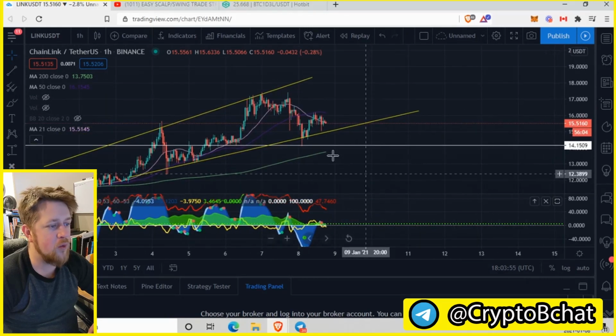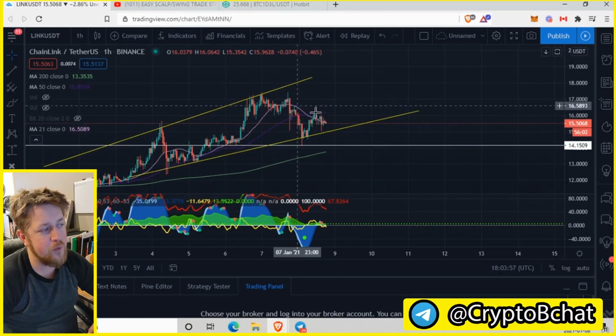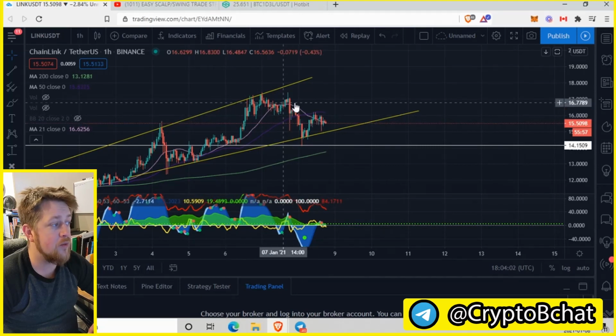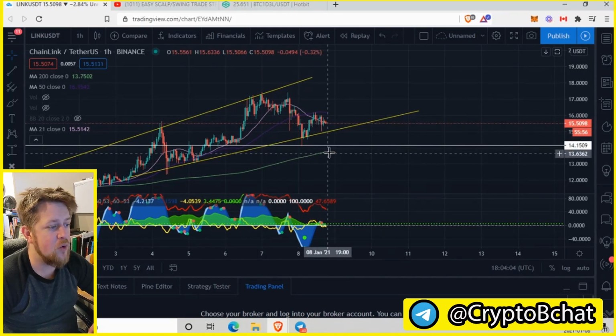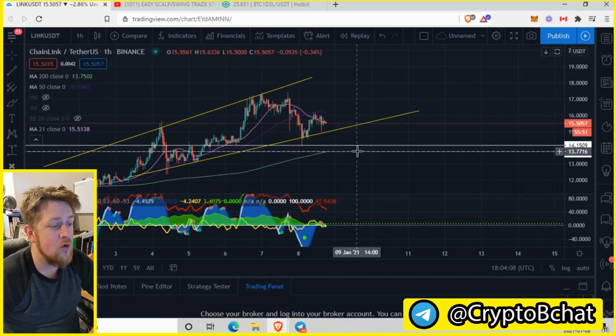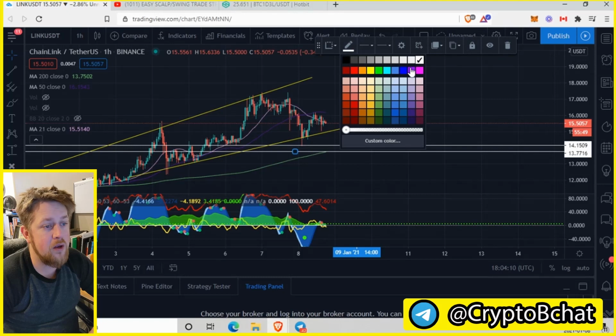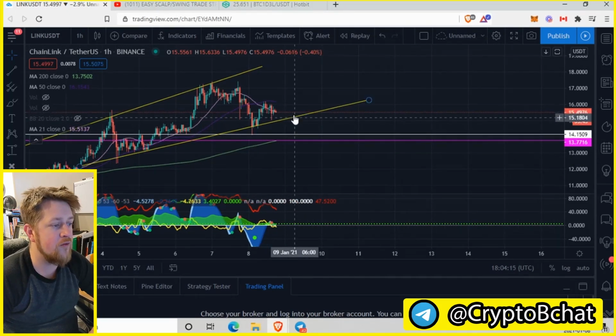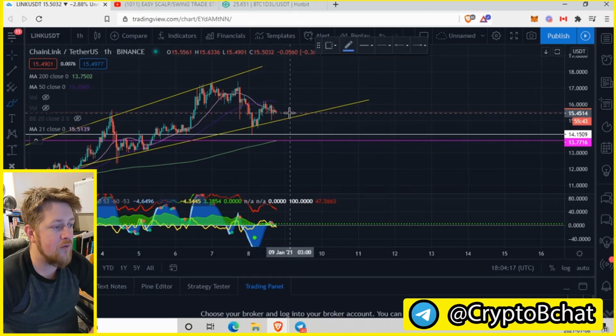But at this point, we're looking at, as you can see right here, the 21 came down through the 50 MA, and the 200 MA is actually holding quite a nice price, to be honest. We'll make that one pink. So let's hope. You want to look for maybe a bounce off this trend line.